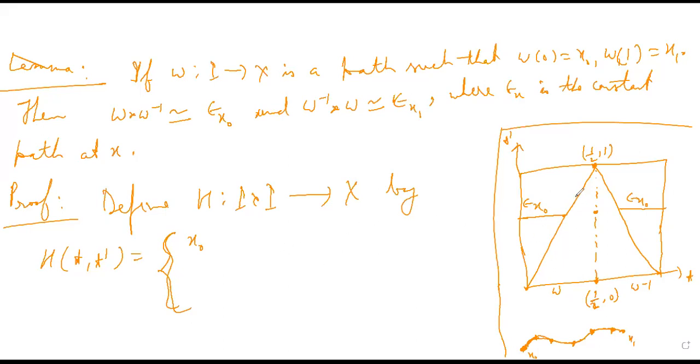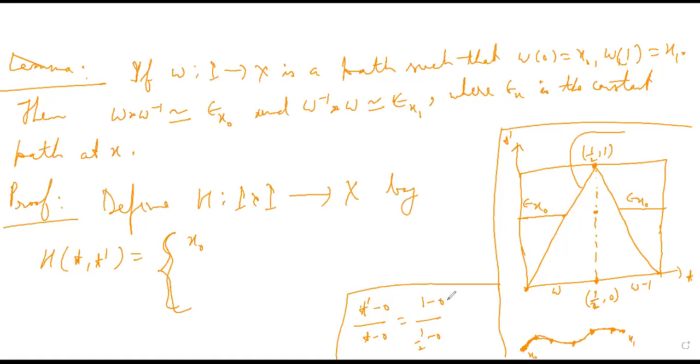So what is this line? We have to see. We can write the equation of this line. This is between (0, 0) and (1/2, 1). So basically (t prime minus 0) upon (t minus 0) equals (1 minus 0) upon (1/2 minus 0).